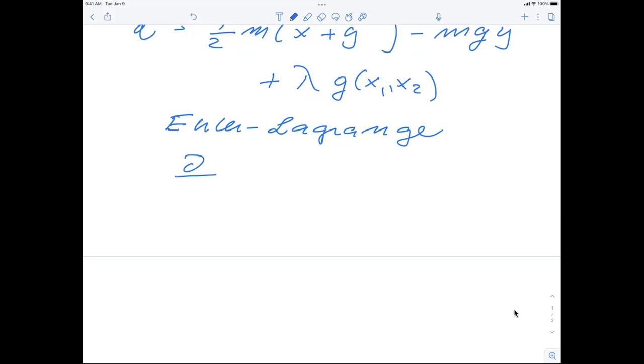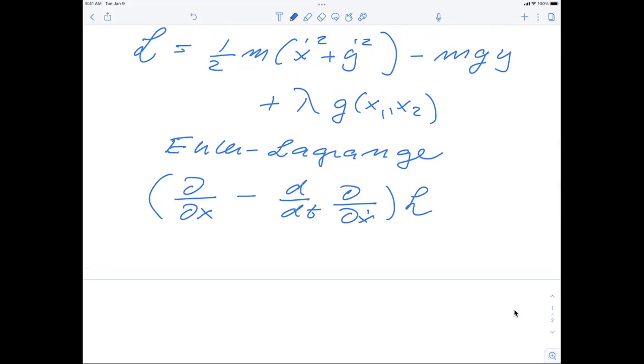So we're going to solve it for d/dx minus d/dt of the derivative with respect to x dot, acting on the new Lagrangian which we have, and this is equal to 0. So if I do the math, what I'm getting is a minus lambda tan alpha.